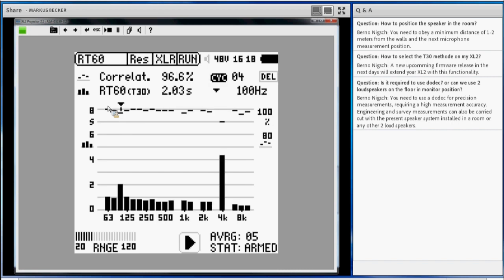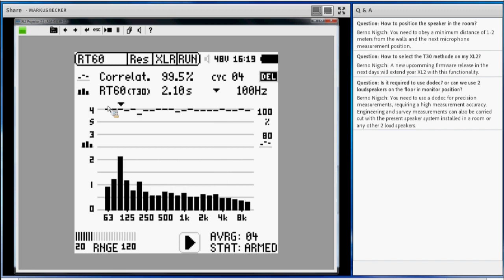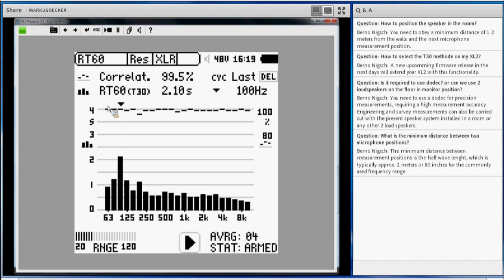Oops, as you can see, something has happened here that is a clear difference to the previous cycles. Actually, I clapped my hands, so I do not want this cycle to be part of my overall result, so I delete it. I move the cursor here, press delete, and it disappears. So the 4 cycles that remain have been quite consistent during my measurement.